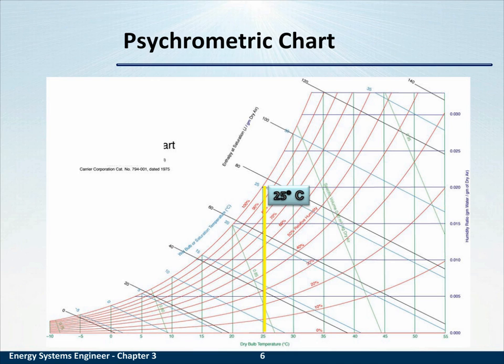Let's say, for example, this is 25 degrees C, room temperature. And then let's say we had an apparatus that mimicked what I mentioned earlier, this wet sock. What's the temperature if you include evaporation? Well, indeed, if you include evaporation, the temperature will always be lower. The wet bulb temperature will be lower than the dry bulb temperature.